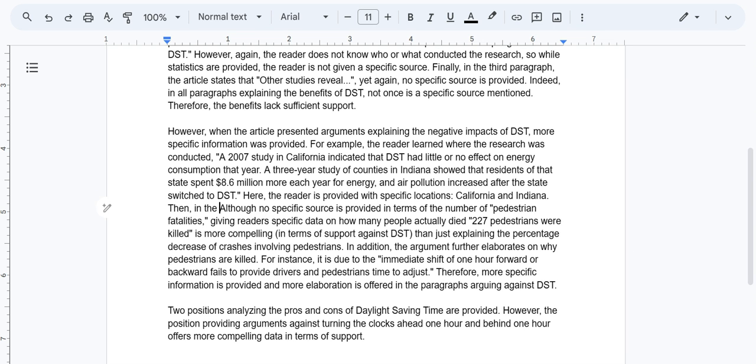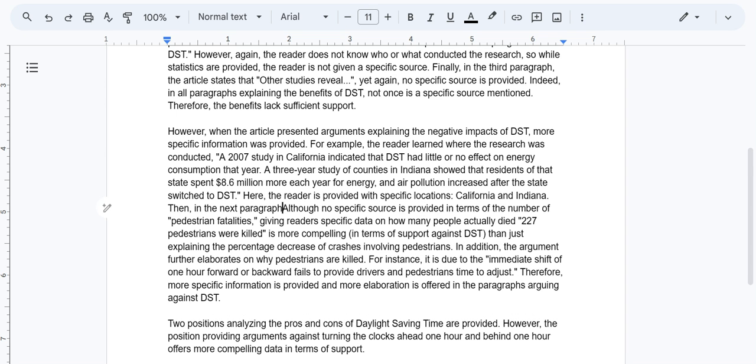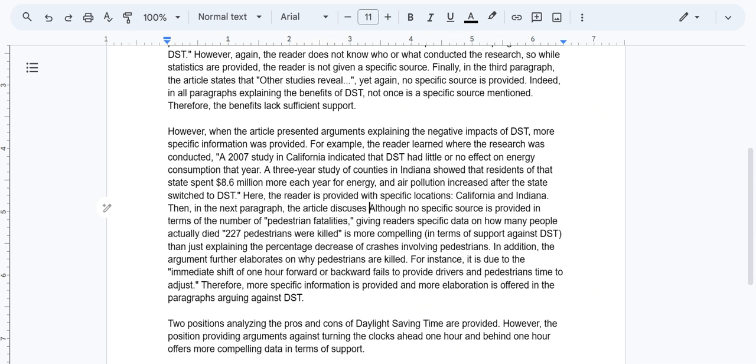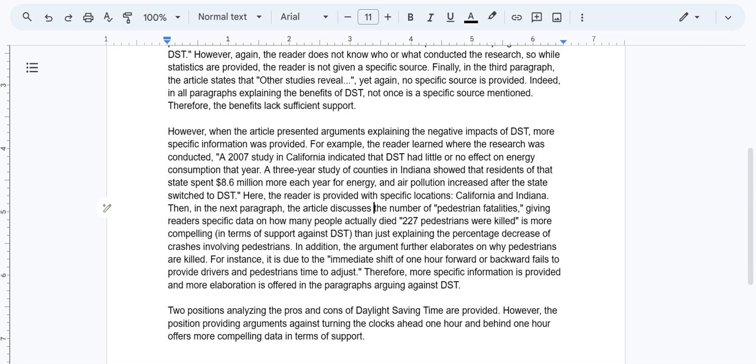Then, in the next paragraph, the article discusses the number of pedestrian fatalities, giving readers specific data on how many people actually died. 227 pedestrians were killed.